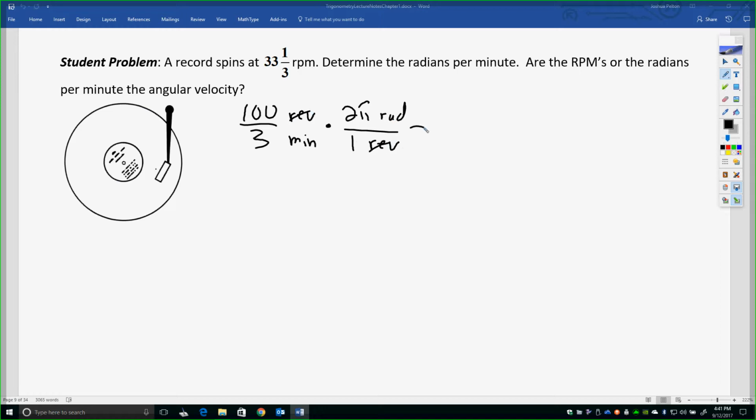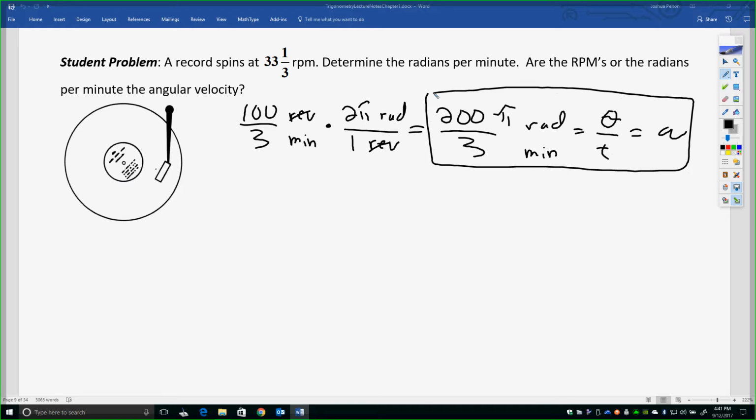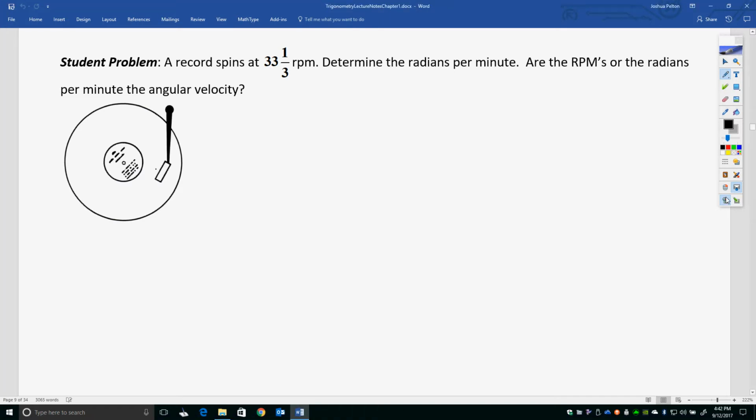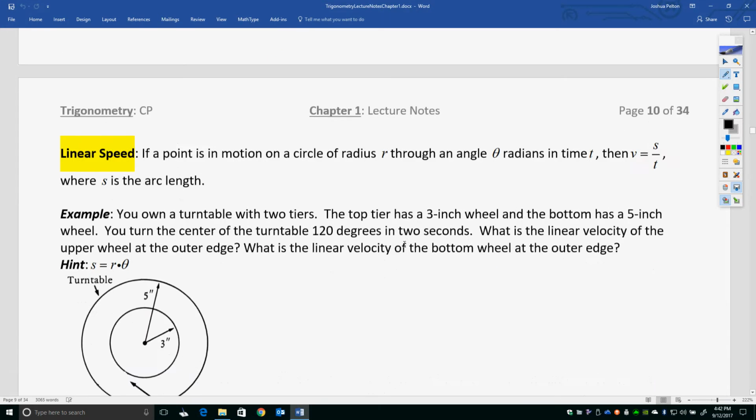Cancels there. So that gives me 200 pi over 3 radians a minute. And that is an angle over time. So that, in fact, is our angular velocity. Okay, so that's angular velocity, or speed, however you want to look at it. On the next page, we'll go to linear speed.